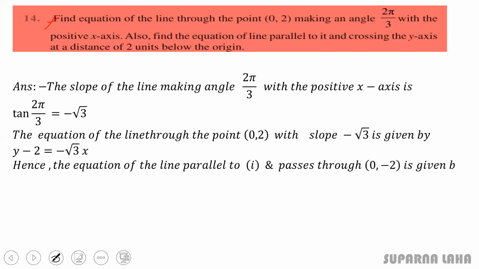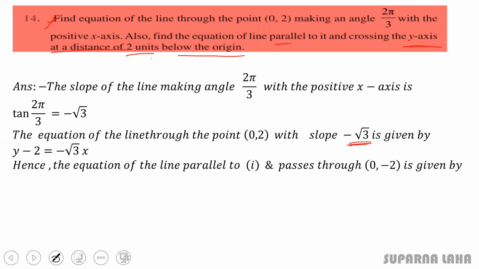Now you need to find the equation of the line parallel to it. That means m1 equals m2 for parallel lines. So the slope of the second line is minus root 3. It cuts the y-axis at a distance 2 unit below the origin.